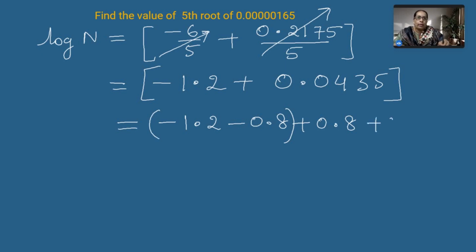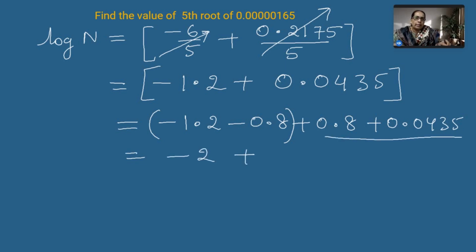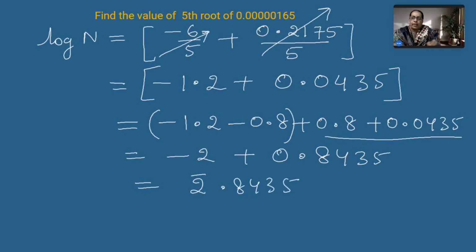Then we have already 0.0435. Minus 1.2 minus 0.8 is minus 2, and 0.8 plus 0.0435 is 0.8435. Ultimately, this number we can write as 2 vinculum 8435, which is log n.